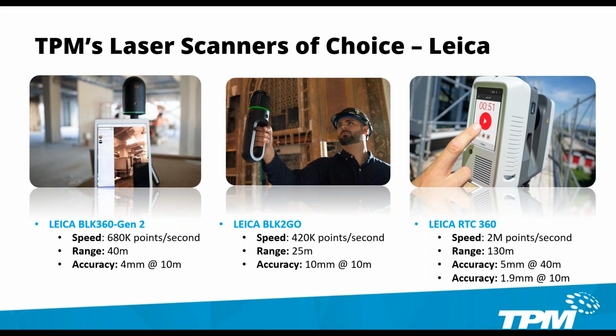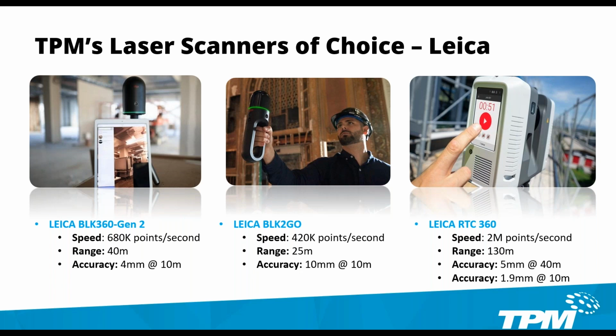Well, think of laser scanning as that kind of technology married with a 360 camera on steroids, because the RTC 360 doesn't capture 1 point when you push a button, it captures 2 million points per second. So these scanners are tremendously fast and capture vast amounts of data.